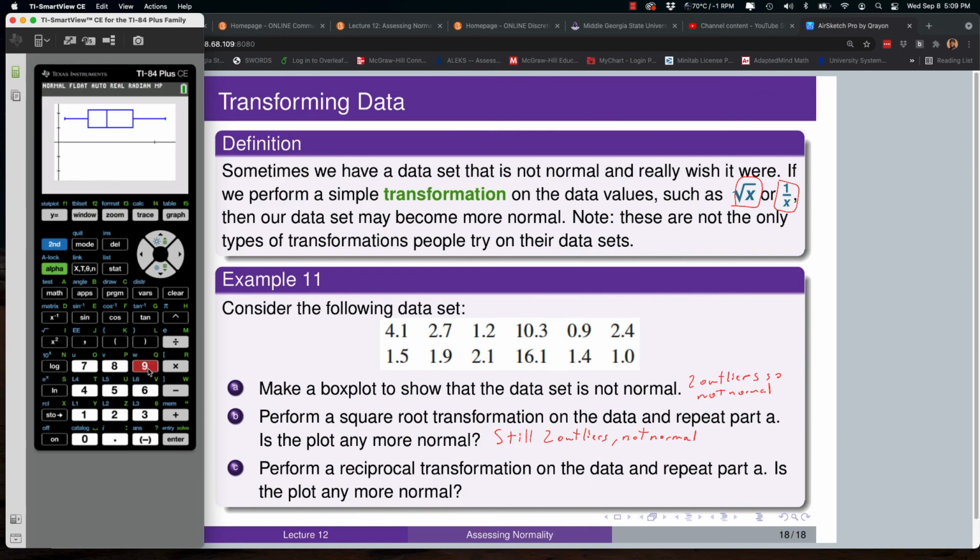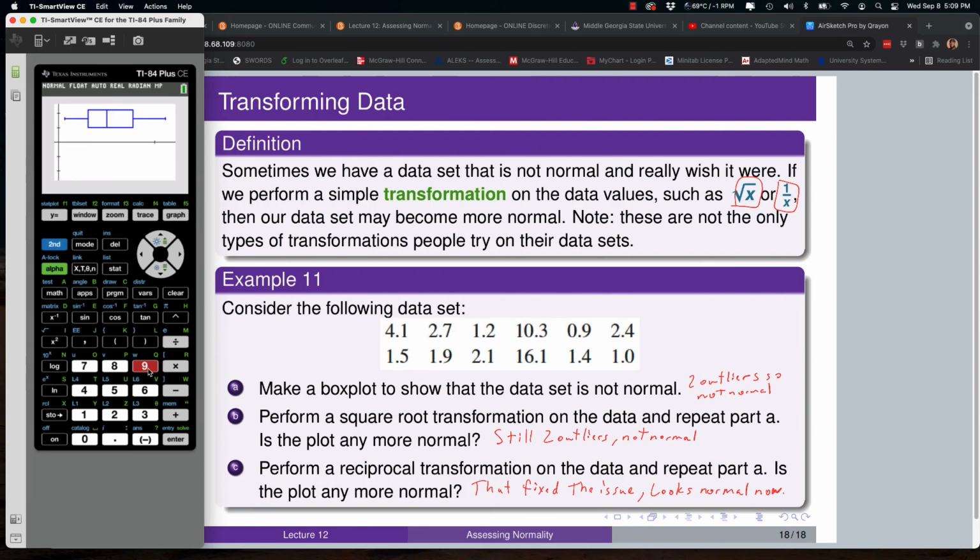And wow, that looks a lot better than the other 2. That fixed it. It looks normal now, right? Or approximately normal now. Okay.